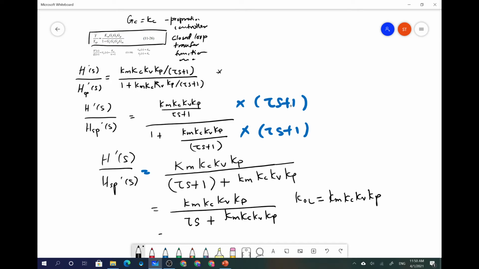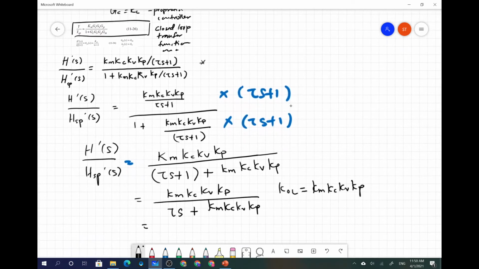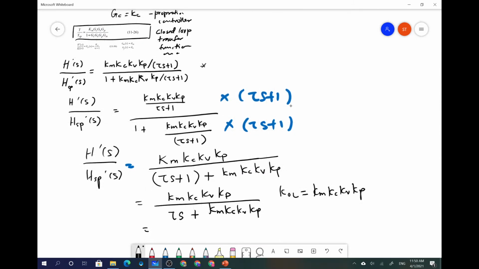That's why we get KOL divided by tau s plus KOL plus 1. Now we want to change it so that it will be K over tau s plus 1. What we need to do is divide everything by, okay, I continue here.